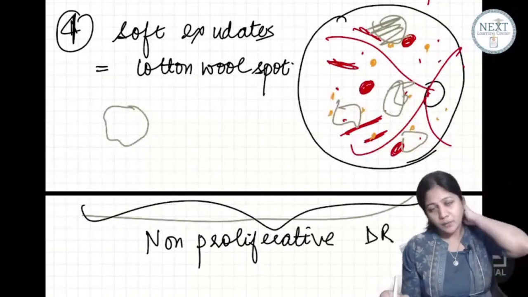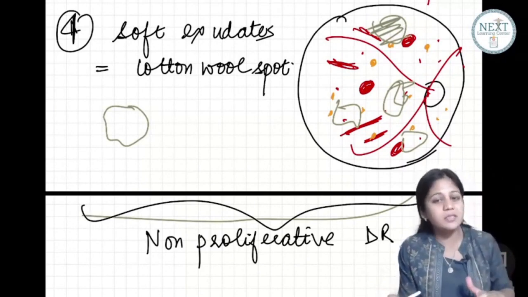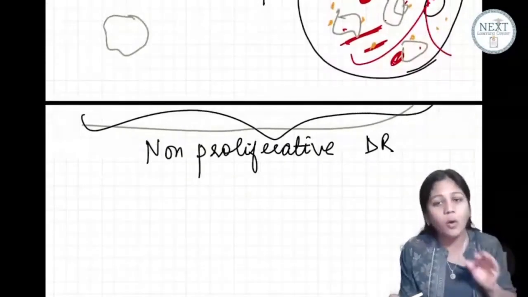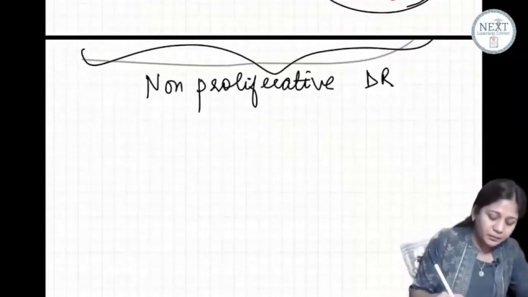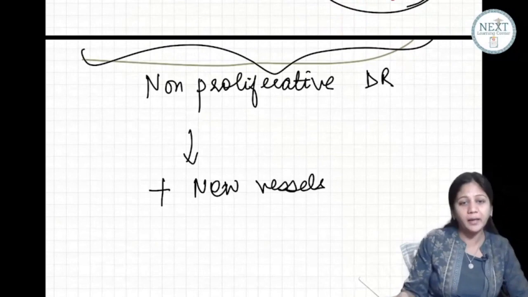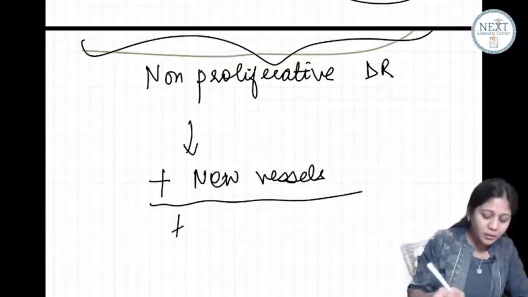Now, if all or any of the lesions are present in the retina, you call this stage the non-proliferative stage. But when there are new vessels, suppose the ischemia, the hypoxia is too high and new vessels are also formed, you will call this stage the proliferative stage.